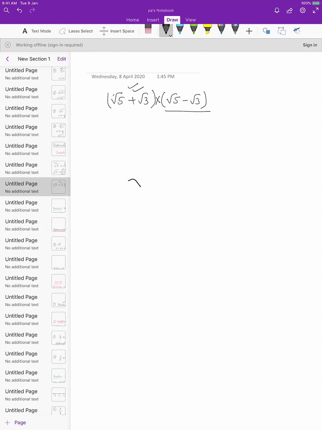Now children, you can apply the identity here, a plus b into a minus b. A plus b into a minus b gives you a square minus b square. So here I will get root 5 whole square minus root 3 whole square. What is root 5 whole square? That gives you 5. Root 3 whole square gives you 3. That comes out to be 2, which is a rational number.